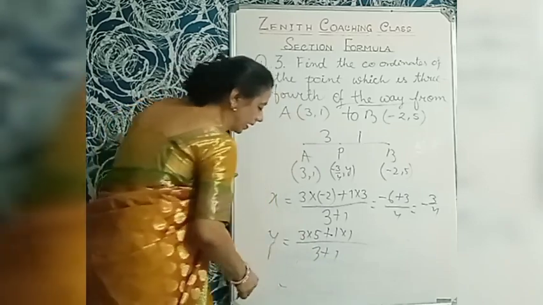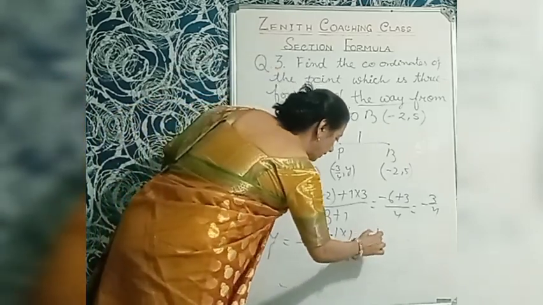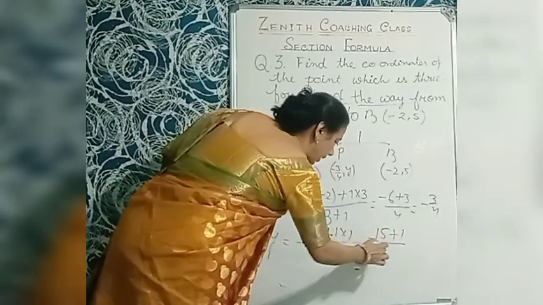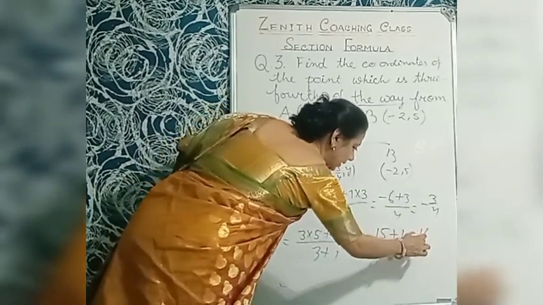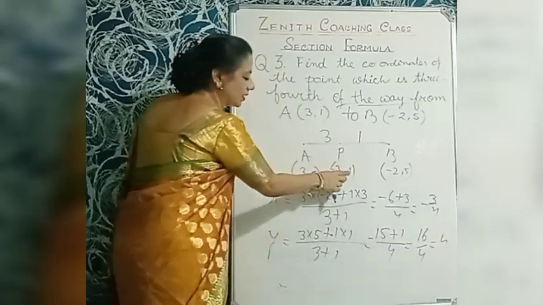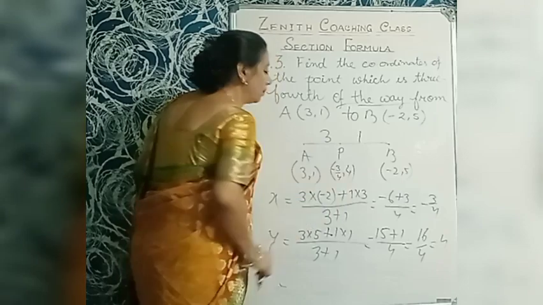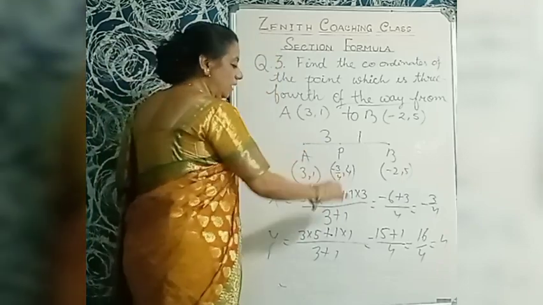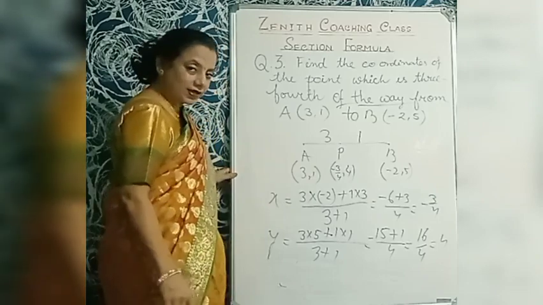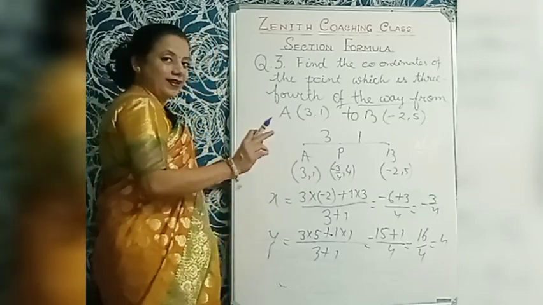So 3 multiplied by 5 equals 15 plus 1, 15 plus 1 by 4, that is 16 by 4, that is 4. So y is here 4. So the coordinate of point P equals minus 3 by 4 and 4. Understood the sum? Okay. Come to the next sum.